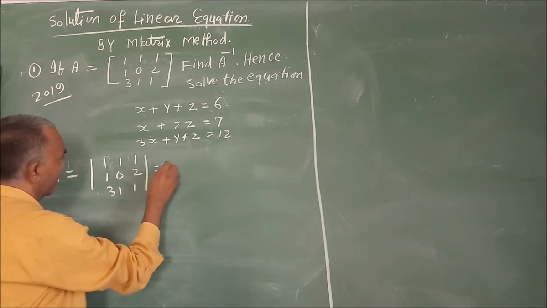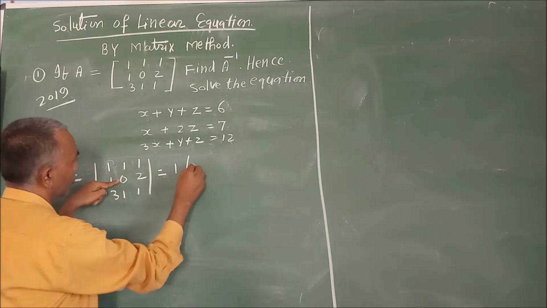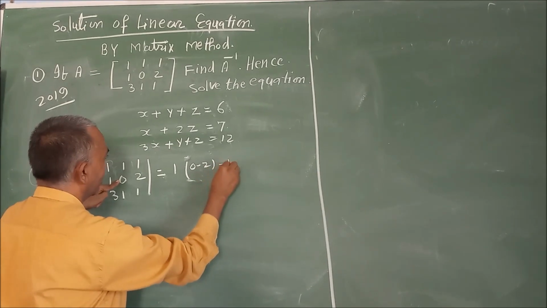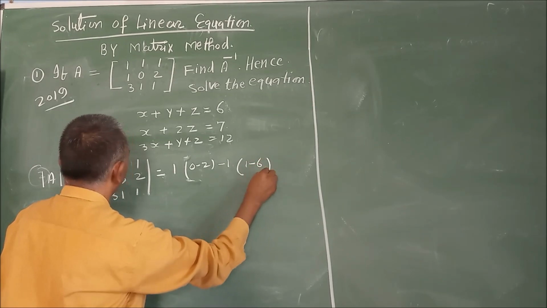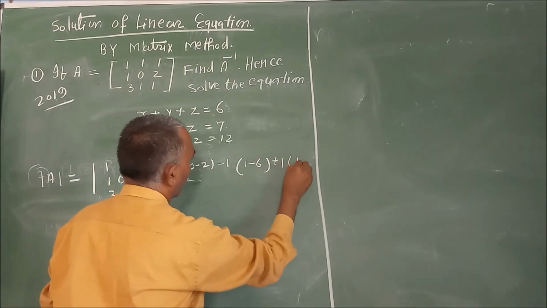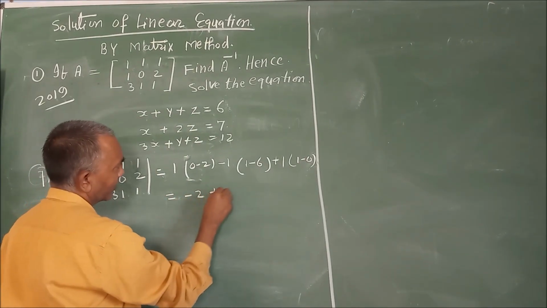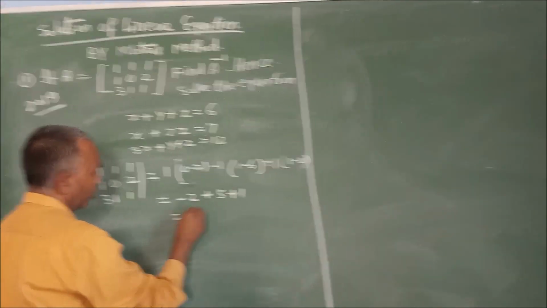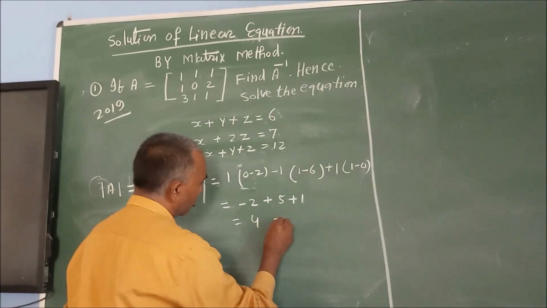So this can be written as 1 into (0 minus 2), minus 1 into (1 minus 6), plus 1 into (1 minus 0). So this will be minus 2 plus 5 plus 1. So 5 plus 1 is 6, minus 2 is 4. So you have got the value of determinant equal to 4.